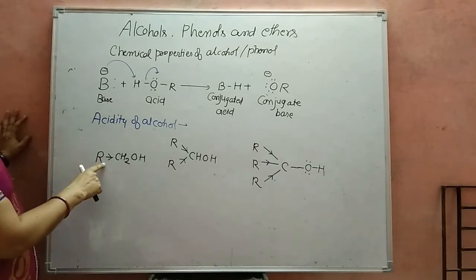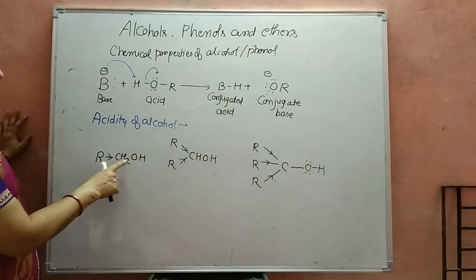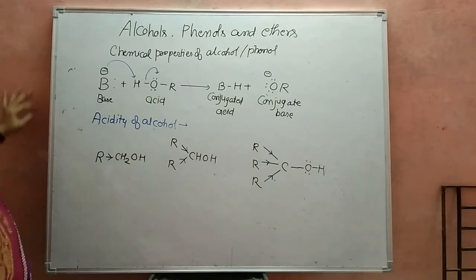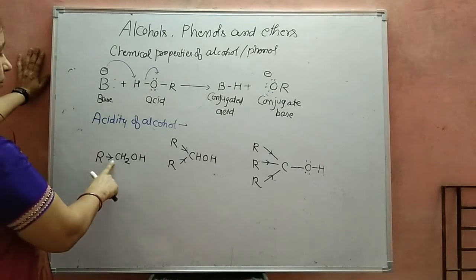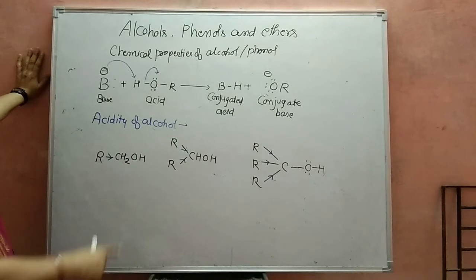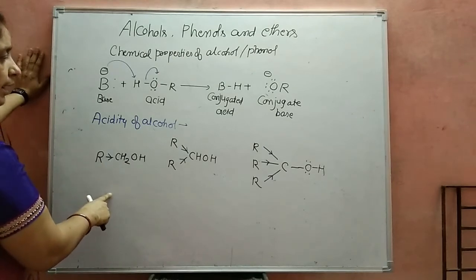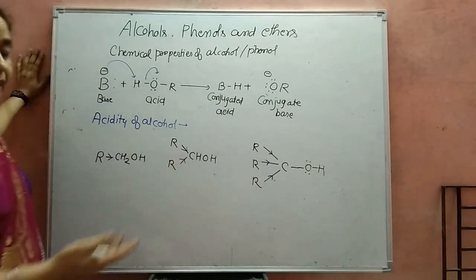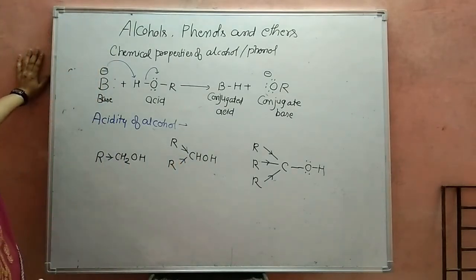Here is only one R group. ये कार्बन को इलेक्ट्रॉन दे रहा है, कार्बन ऑक्सीजन को दे रहा है, जबकि ऑक्सीजन हाइड्रोजन से विड्रॉ कर रहा है. तो यदि R ग्रुप कम होंगे तो ऑक्सीजन हाइड्रोजन से विड्रॉ करेगा, और यदि R ग्रुप नंबर में ज़्यादा होंगे तो ऑक्सीजन को विड्रॉ करने की आवश्यकता नहीं है कि उसको बिना मांगे इलेक्ट्रॉन मिल रहे हैं.